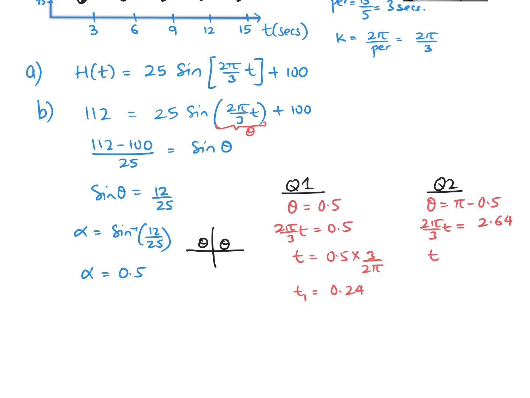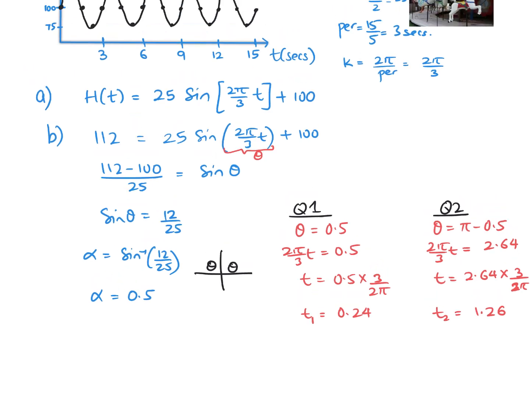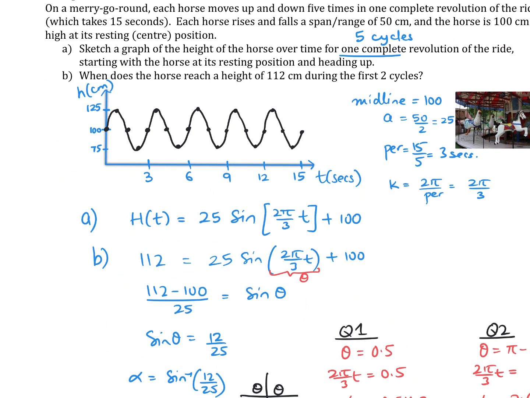Now we're going to determine time by following the same steps. So 2.64 times reciprocal, that would be 3 over 2 pi. And that makes our second time equal to 1.26 seconds.